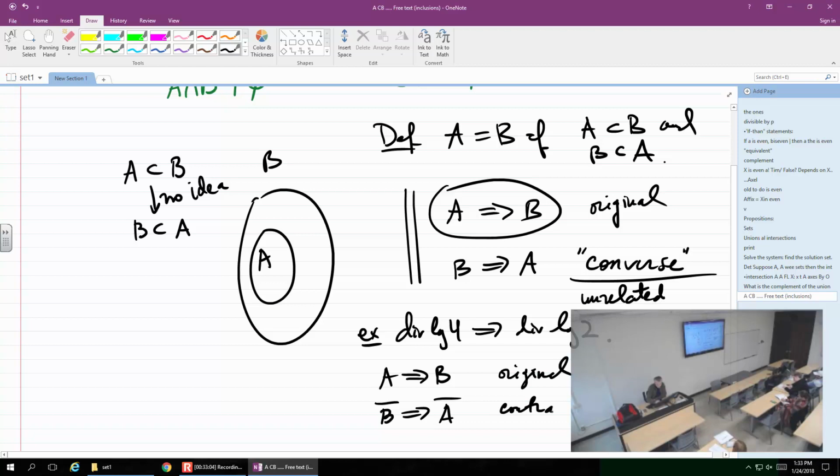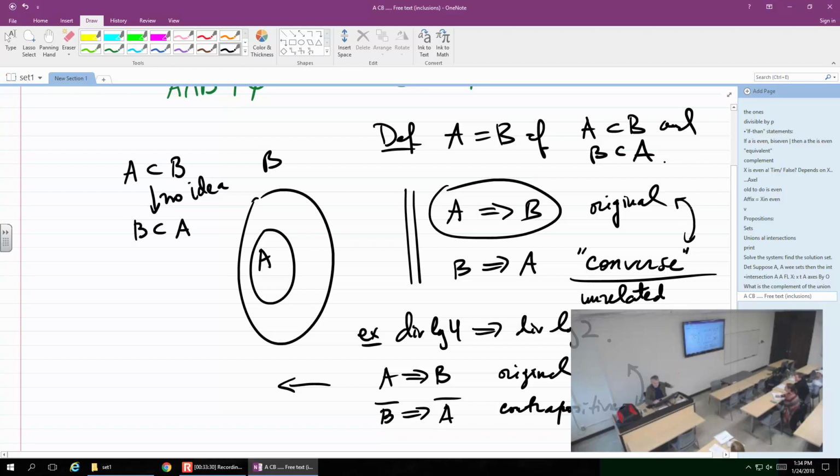Let's go backward. Let's use logic to help us with sets. So this is logic. What is the relation between these two statements: A implies B, and not B implies A? No relation, right?